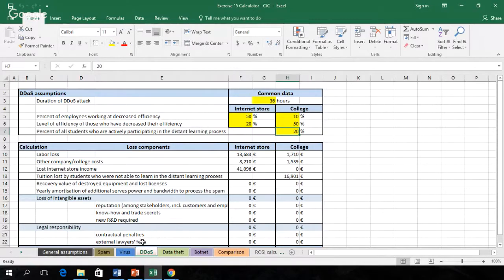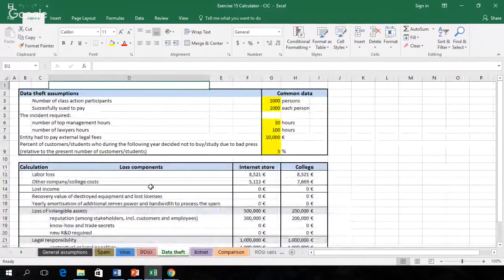Next is data theft. The next security sheet is the security data theft. In this example, due to an IT system security breach, part of the database containing personal data of a large number of customers, actual and former students, has been stolen.